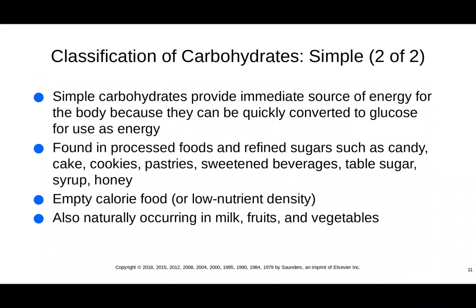They're going to give us a really quick source of energy, but they don't contain any vitamins or nutrients that are going to sustain our body functions for a long period of time. They also naturally occur in milk, fruits, and vegetables.